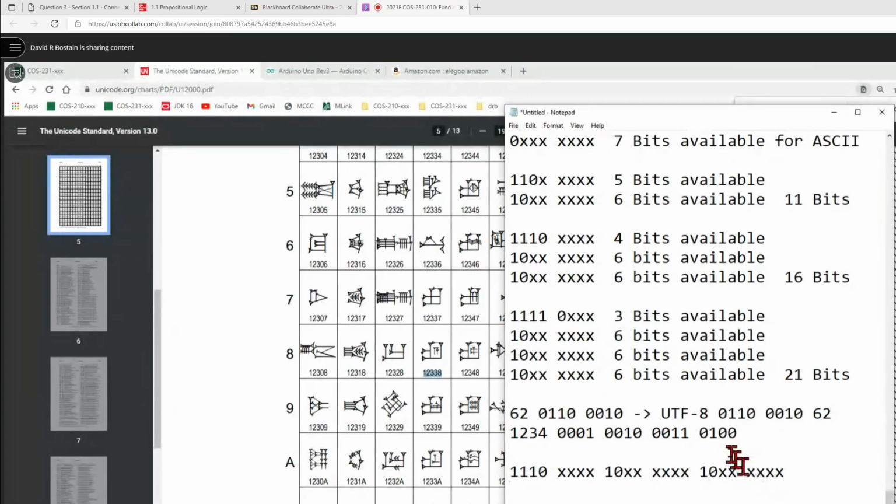I have to type 4 digits out of this, which are going to be 0100. The 1 here goes right there. This is going to be 1000.